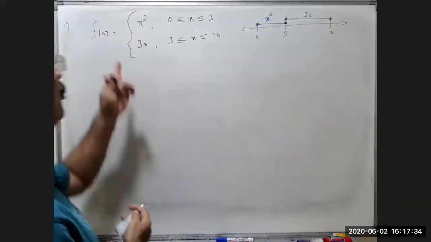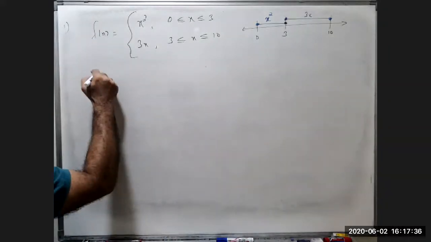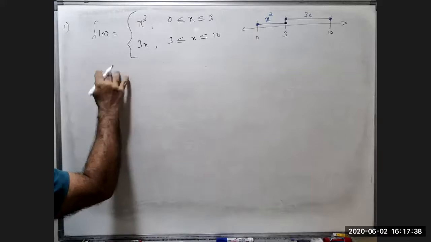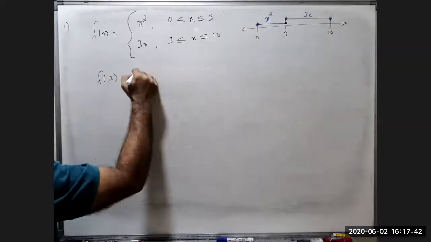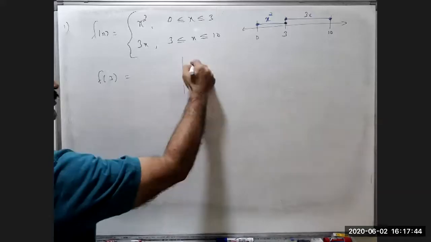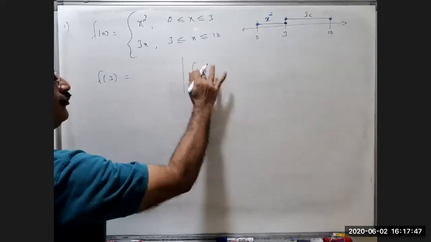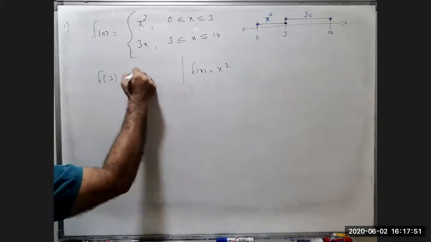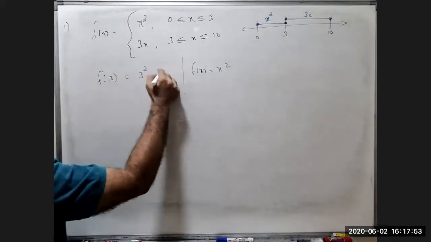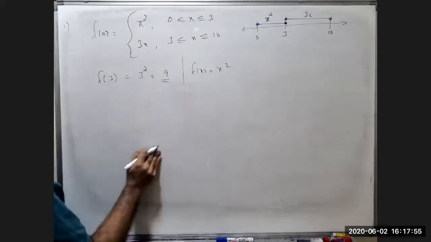So f of 3: f of x is x squared, so f of 3 will be 3 squared, which is 9.